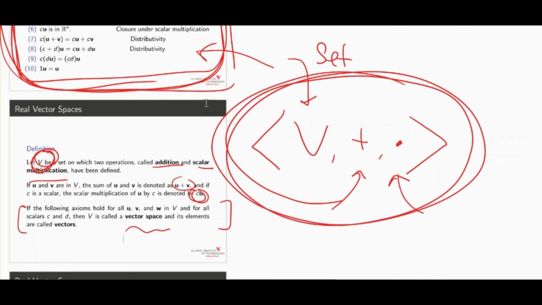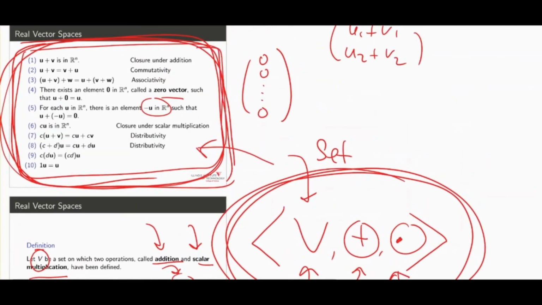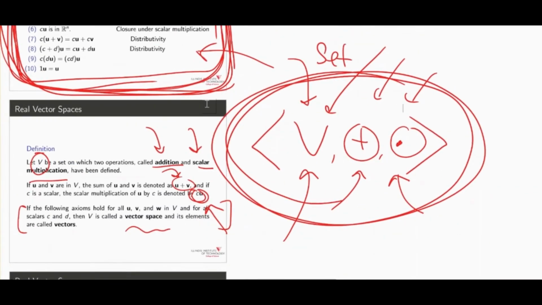So a vector space, by definition, is a set together with two operations, known as addition and scalar multiplication. If the addition and scalar multiplication satisfy these 10 axioms, then the set together with these two operations is known as a vector space. And not only that, every element inside this set is going to be called a vector.